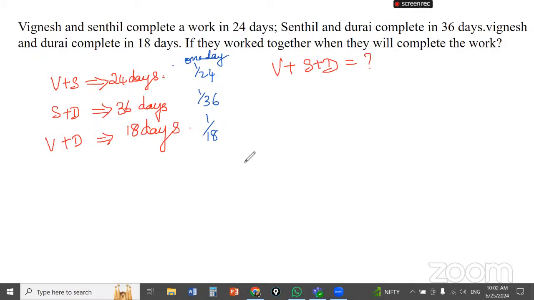Let me check the answer. Anybody answer? Okay, no answers so far. No need to solve anything simultaneously. Don't need to find V, S, and D separately. Not a big task like that. Yes, Sharmi, you have any doubt?